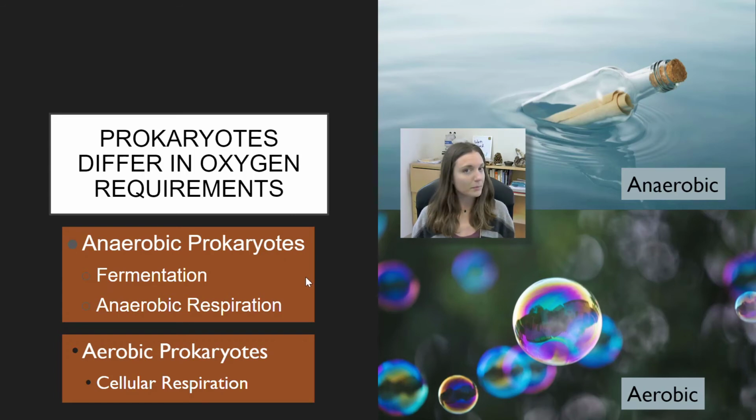We're probably familiar with anaerobic respiration or fermentation if you've made bread before, right? Yeast goes through anaerobic fermentation. This is how we get things like beer and wine, alcohol, things like that, through anaerobic fermentation.